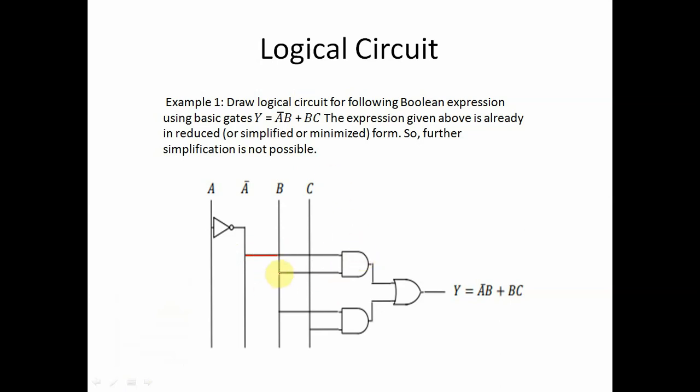Now B, so writing B here. In between A bar and B there is an AND gate. Now BC: here the B term and here the C term. In between B and C there is also an AND gate. In between the first term and the second term there is an OR gate, so draw the OR gate here.